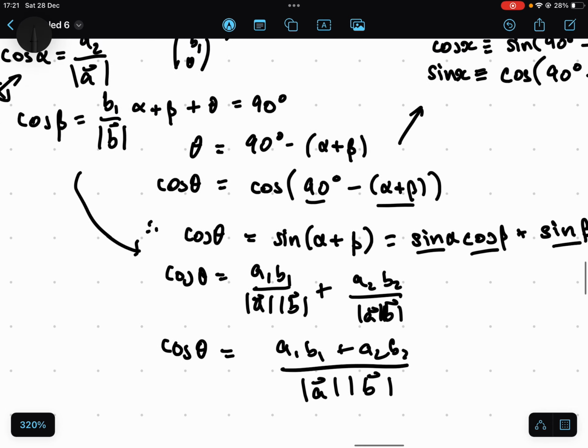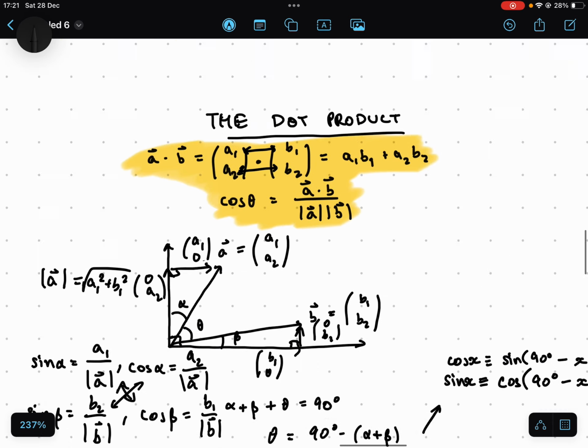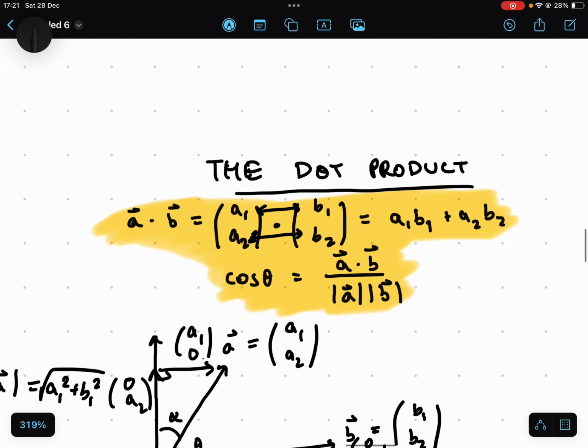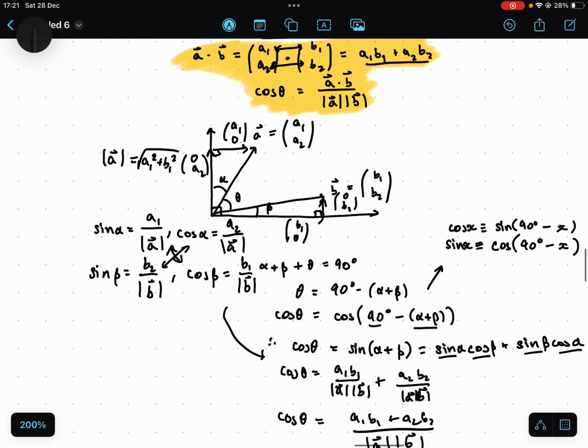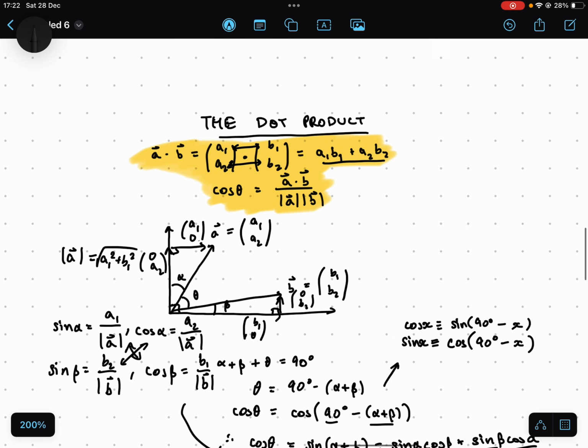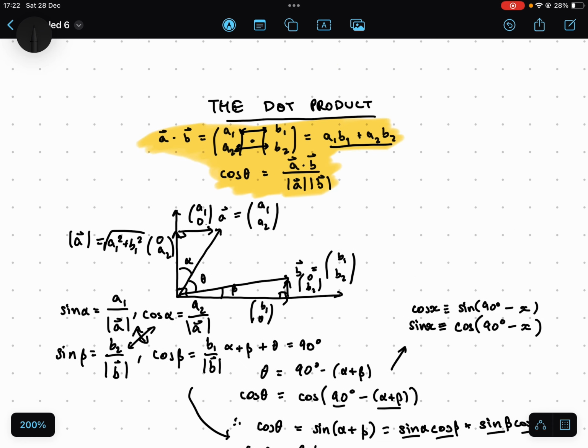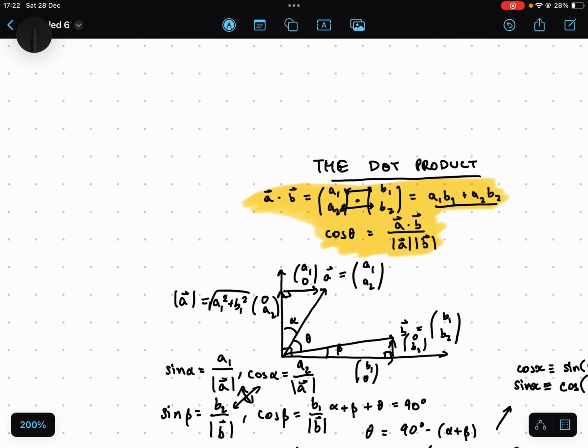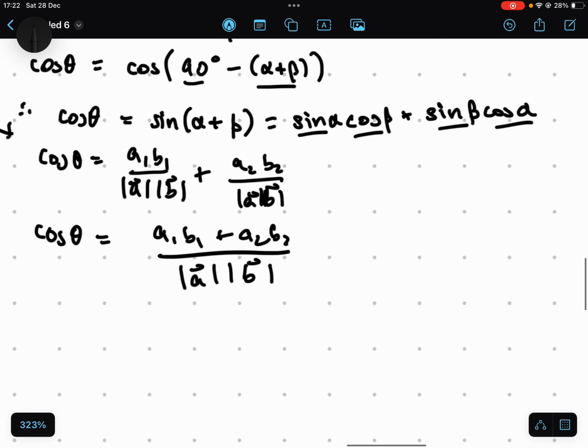So that's a nice little equation, but we can do even better than that. We can use our definition of the dot product, where we just multiply these two vectors together. You can notice that's literally what it is: you're doing A1 times B1 plus A2 B2. That is what we've defined over here to be the dot product, A dot B. So let's rewrite that.